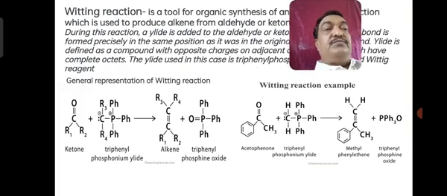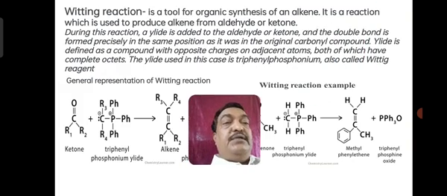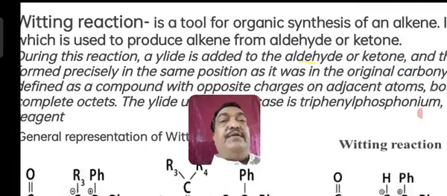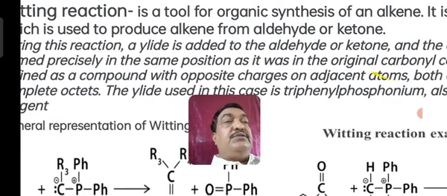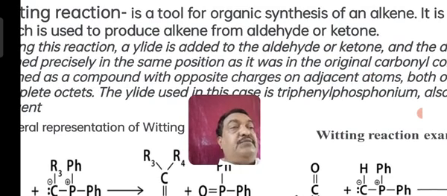Now this is a very important name reaction, a very simple reaction. First let me explain what this reaction is. This is the Wittig reaction. It is a synthesis of alkenes, meaning carbon double bonded compounds, using aldehydes and ketones.